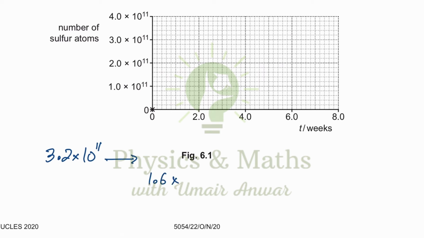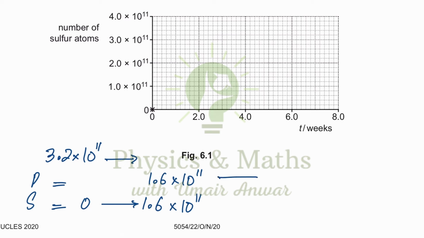So 1.6 into 10 raised to 11 atoms would be remaining for phosphorus, and similarly the decayed atoms would have been converted into sulfur. So sulfur's number would increase from 0 to this much after 2 weeks, after one half-life.